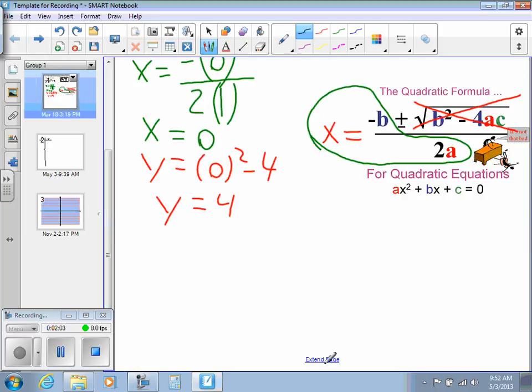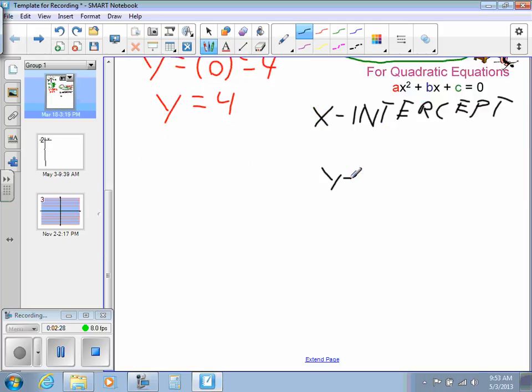Let me go ahead and write this out. So we want an x-intercept and a y-intercept. My y-intercept, I already know.